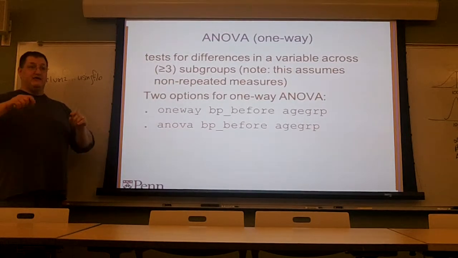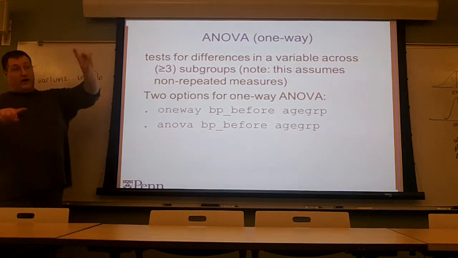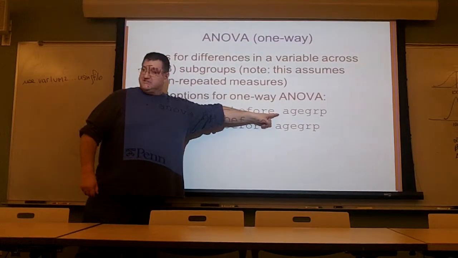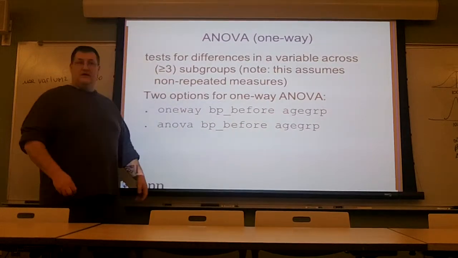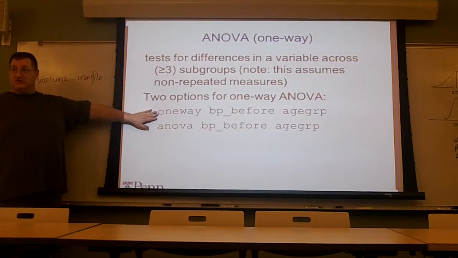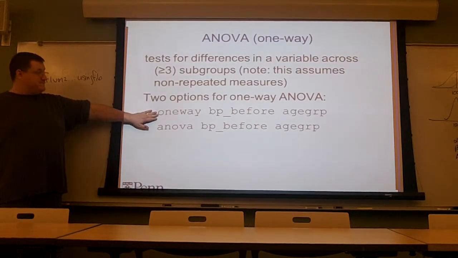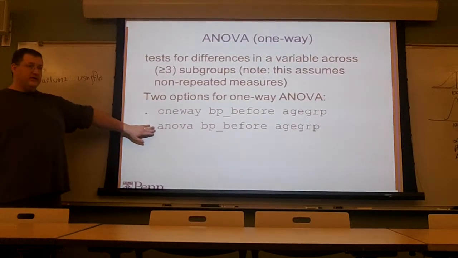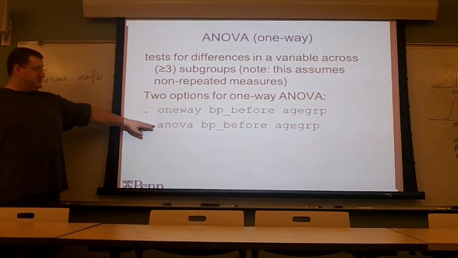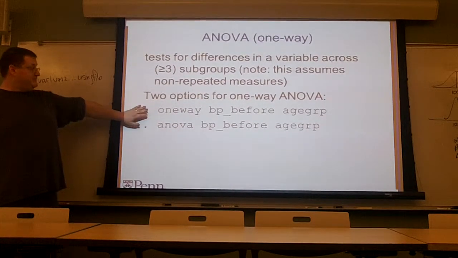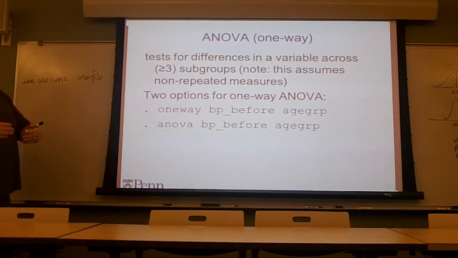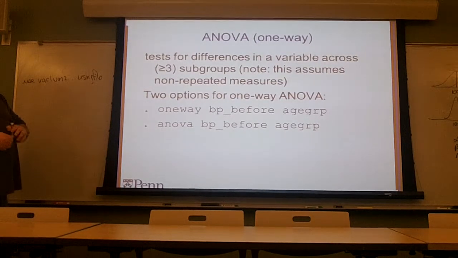You're going to create a long data set, not a wide data set, and your factor will be the person ID. And then from there, this command will actually give you the intraclass correlation coefficient. You can compute it from the information, because you have to get what are called expected mean squares and things like that, but this will actually do it for you. So when you use the oneway command, you're assuming that the person is the random factor for the intraclass correlation coefficient, if you talked about that stuff.